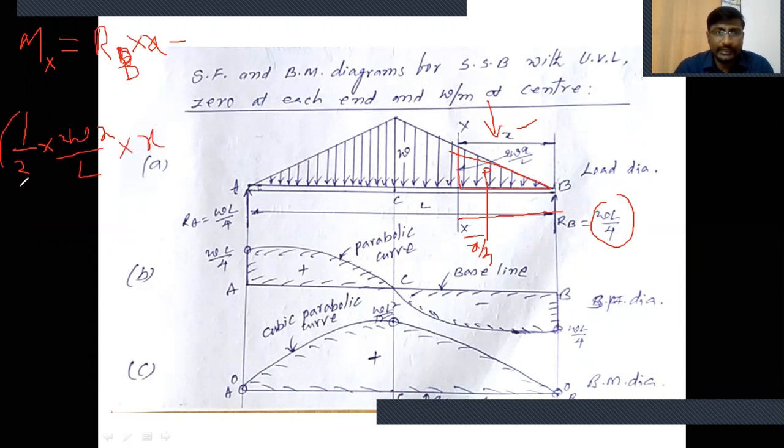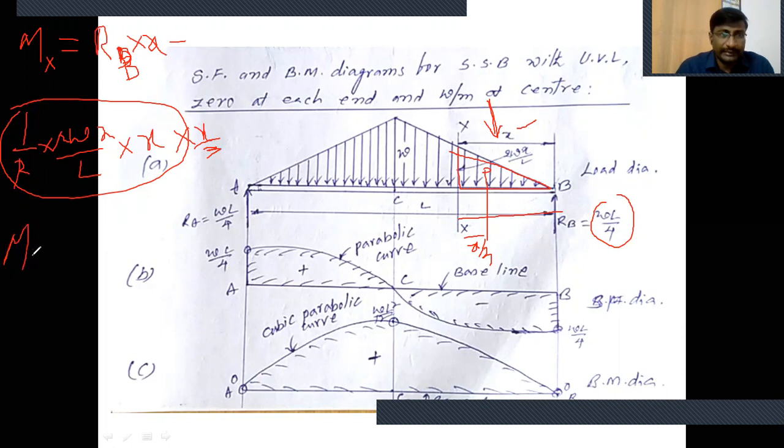So this is the triangle area. The area itself is the load, which is in downward direction at a distance of x by 3. So into x by 3, we get the moment of the total load about xx, which is wx cube by 3L. So it is RB into x minus wx cube by 3L.